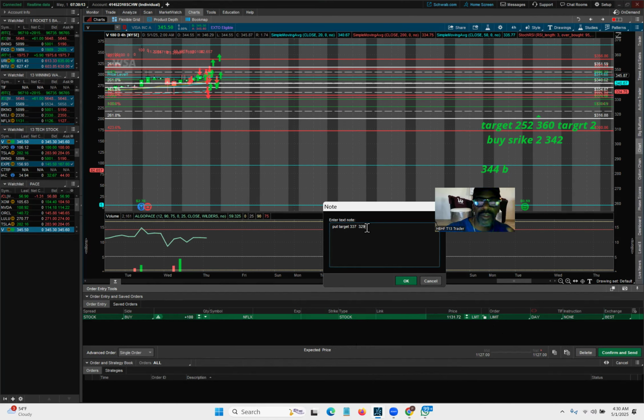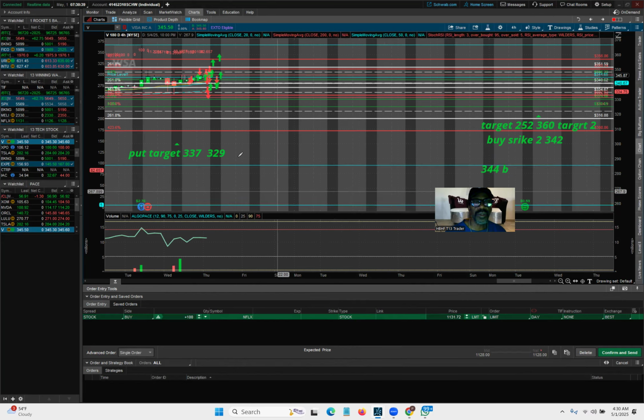This is the area where you start selling. When I say the first target 337, that means it's going to come down, and if it's opened up at 335, it can come off of this support at 329.